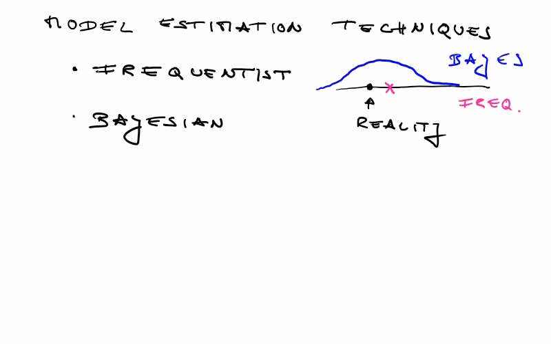The Bayesian approach, especially the very subjective Bayesian approach, treats probabilities as descriptions of subjective uncertainty. So it's not something that is out there in the world, but something that describes your own uncertainty.